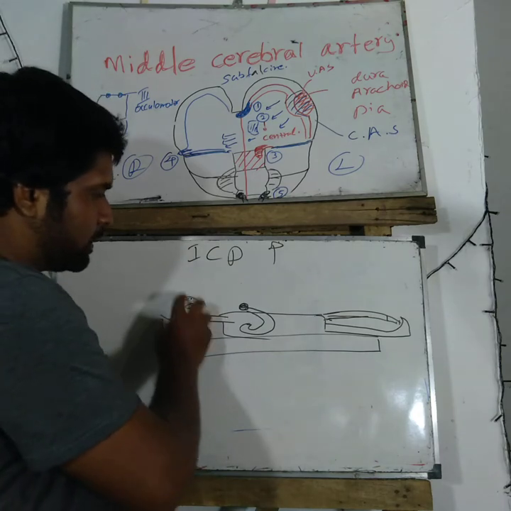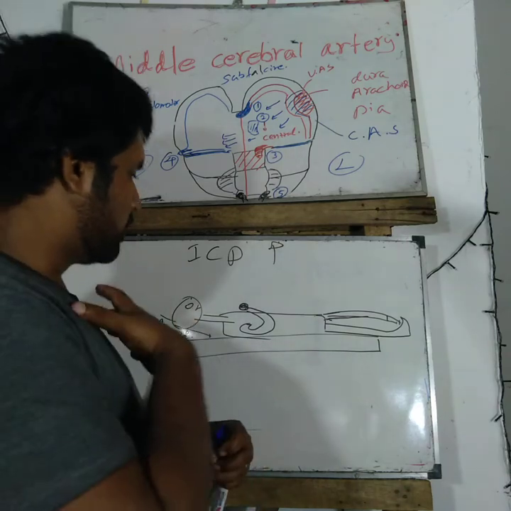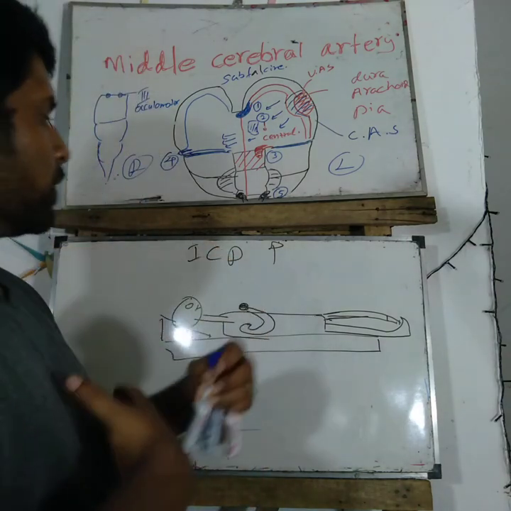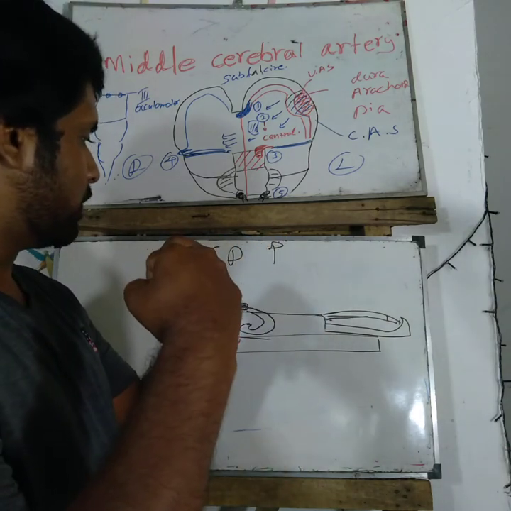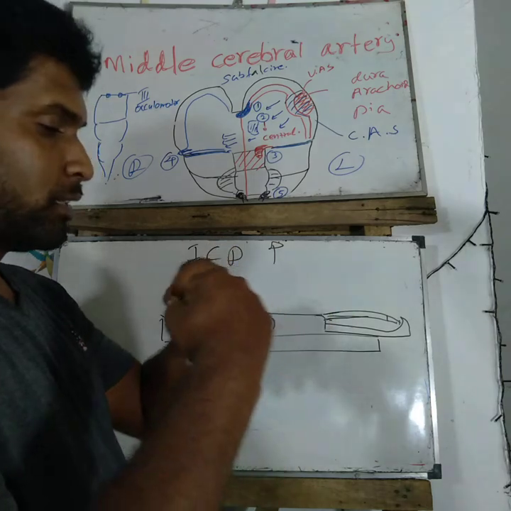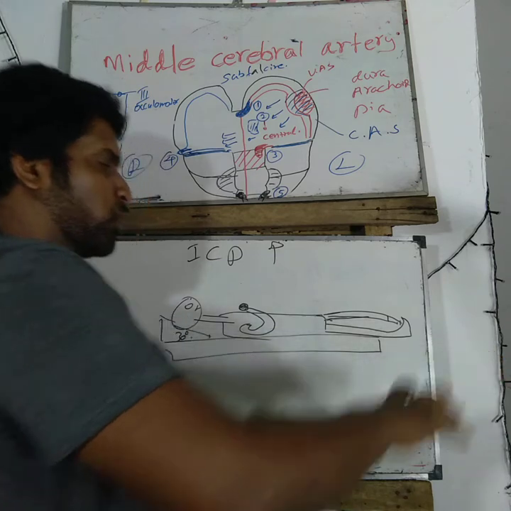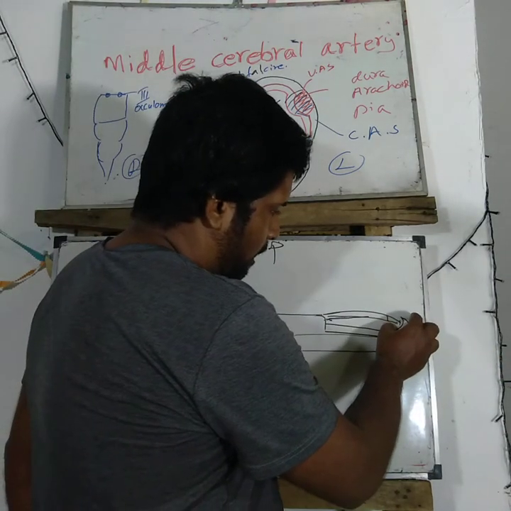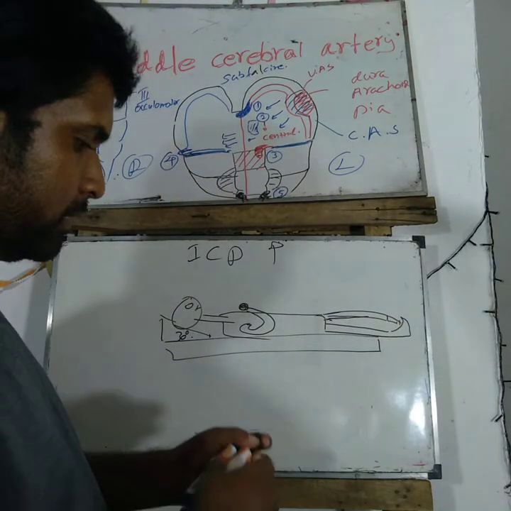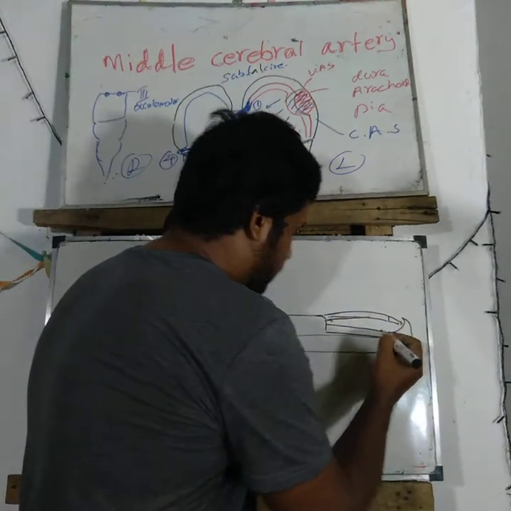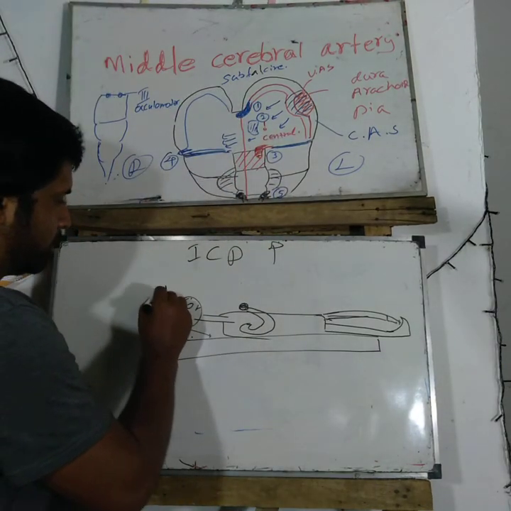Due to this compression, the abdomen and chest area, thorax area and arm, flex the elbow and twist the arm. The leg is the same, fully extended and medially rotated. This is another most important point to understand that intracranial pressure is high inside the brain.